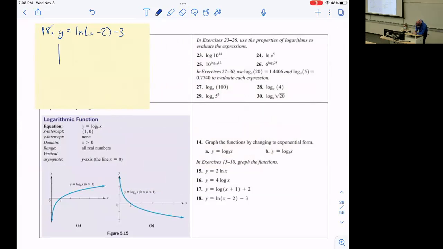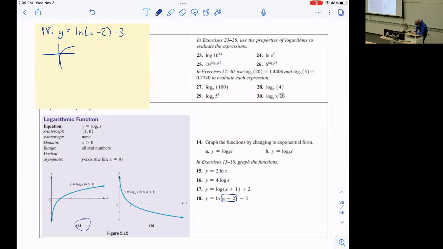Our normal graph of the natural log is just going to look something like that. We can see that down here in A. Since it's positive, the graph is going to be something like that. But now, like we were doing earlier, we can apply our transformations. We know that x minus 2 is in the parentheses here, so we're going to move this to the right 2.